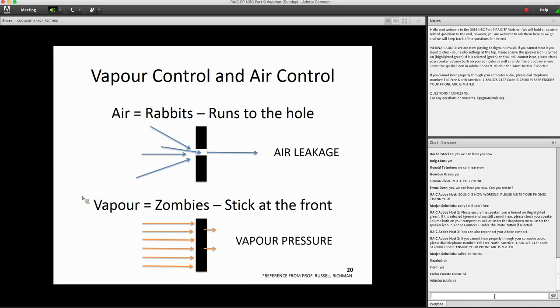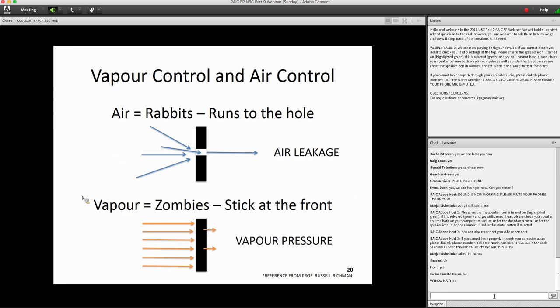So let's differentiate something, because people usually get confused about air leakage and vapor. The air is like a rabbit. It will find a way to get out of the building through a hole.